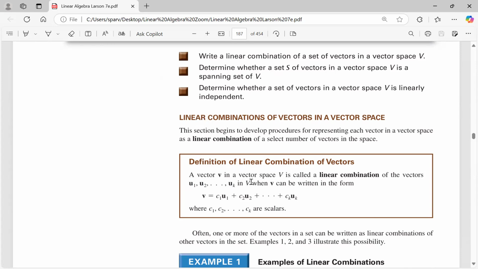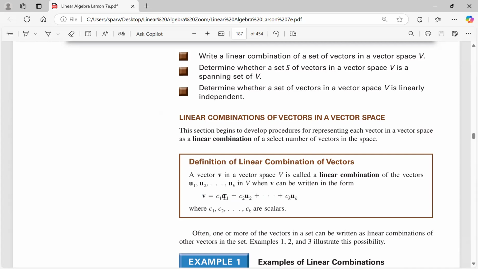These are all in V. So you have one vector in the parent set written as a linear combination of a bunch of other vectors in that same set. Then this is what the linear combination will look like. Okay. So this is called the linear combination of vectors in the set.